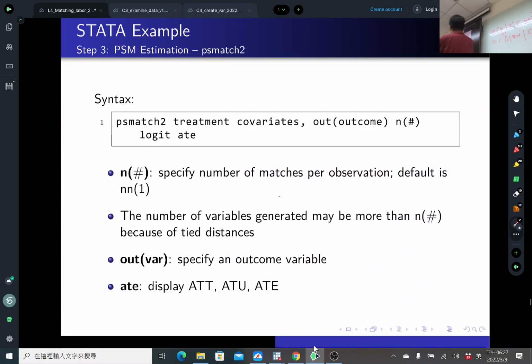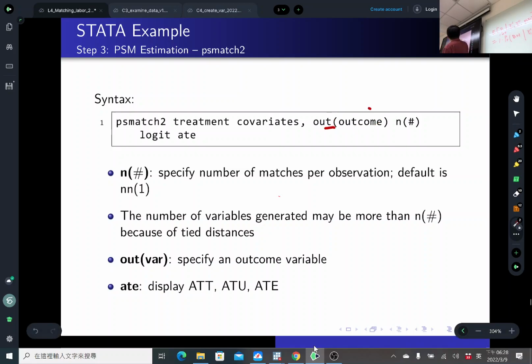So this is one command you can use to implement propensity matching. Another command is called psmatch2. They have some differences, and each has some advantages. I will discuss this later. So how can you implement psmatch2? You put the treatment variable at the beginning, then the covariates, the characteristics you want to use to predict the propensity score, and put the outcome here.